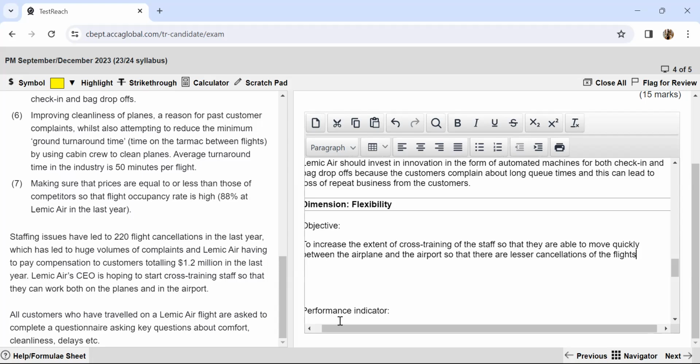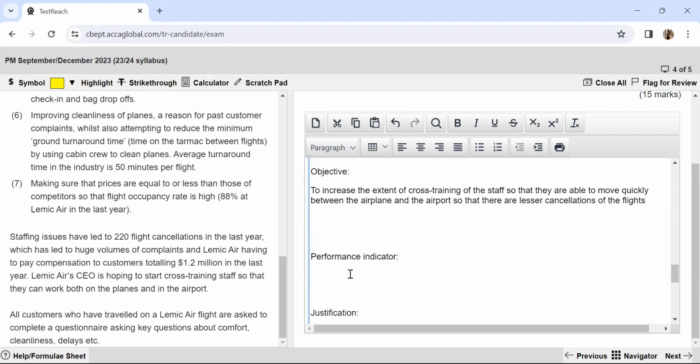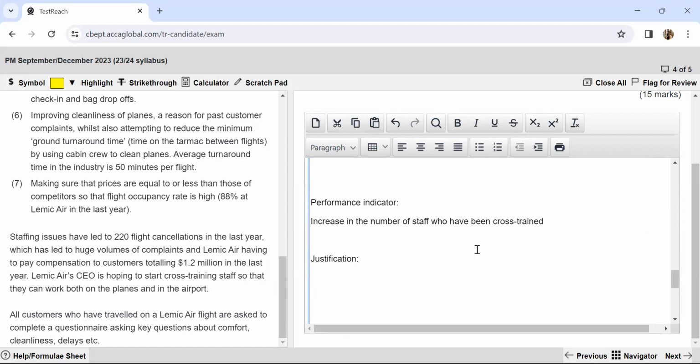So this can be our objective. Now, how we are going to measure whether we have been able to achieve our objective or not? So this can be measured by increase in the number of staff who have been cross-trained. As simple as that. The objective is to cross-train the staff, so the indicator would be increase in the number of staff who have been cross-trained.